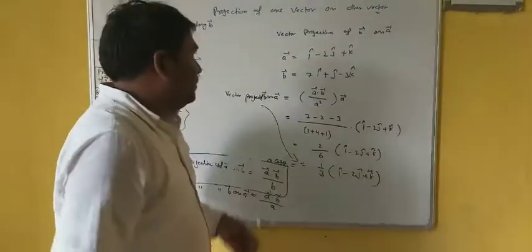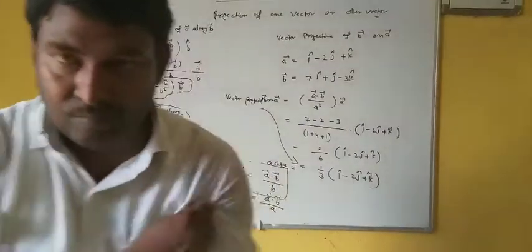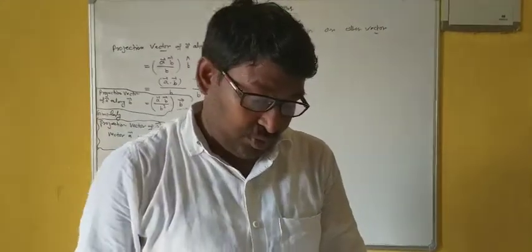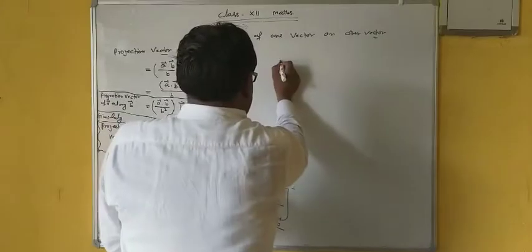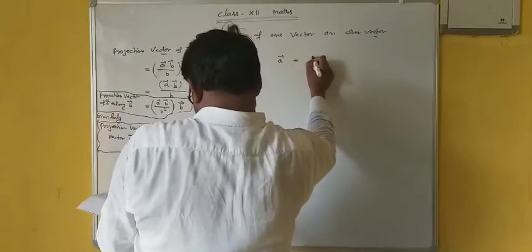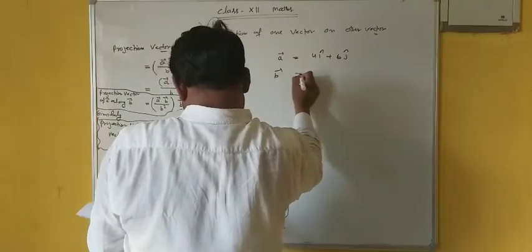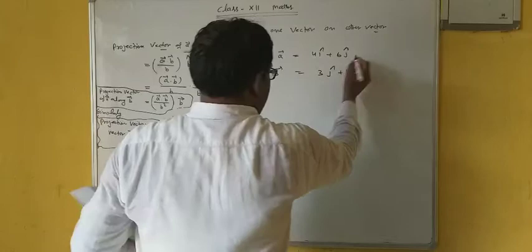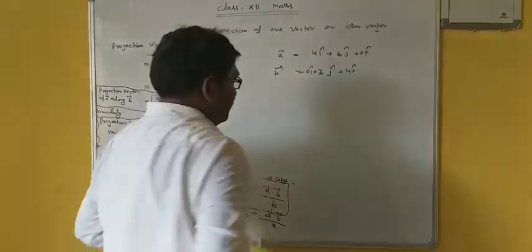Right, so some more examples. One more question, here the language is different. If vector A is 4i cap plus 6j cap, and vector B is 3j cap plus 4k cap, here you can write 0i cap and 0k cap.